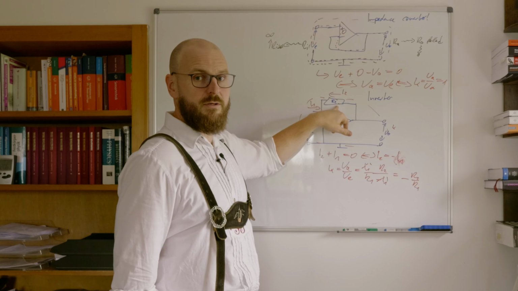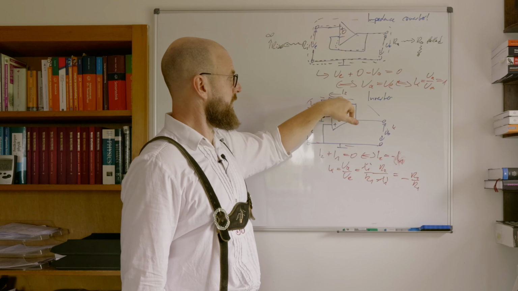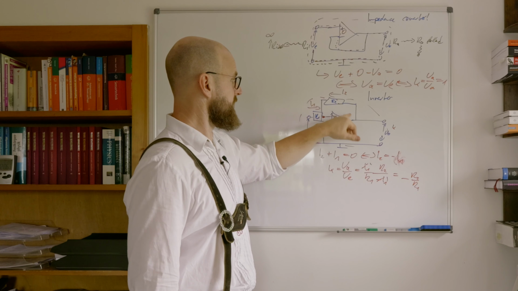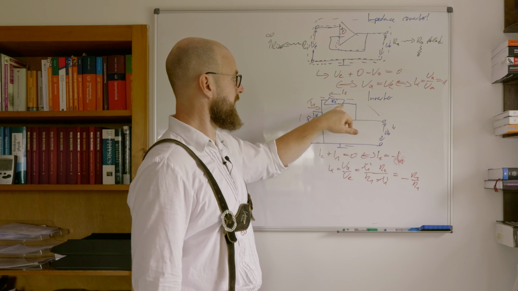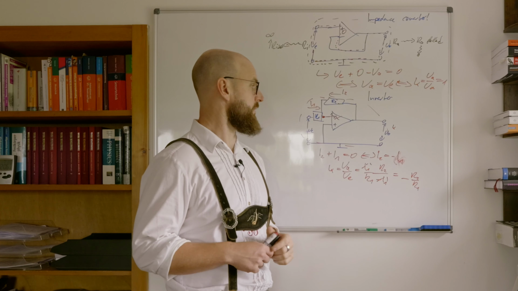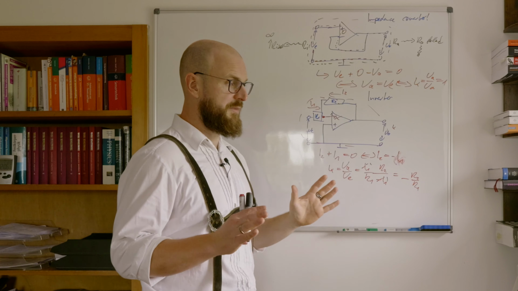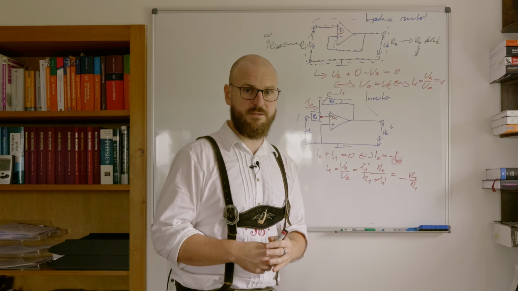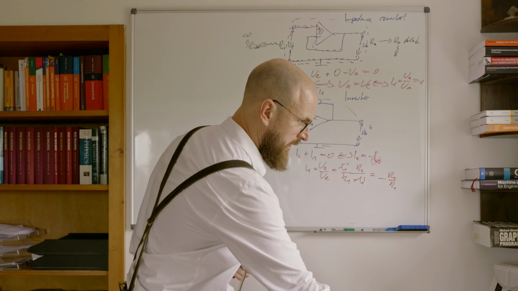You can choose it arbitrary, but the current flowing along it will be I1 over here. That's a current source which delivers a certain current no matter which resistance is applied to it. Okay, but that's something which just gives us a glimpse of how current sources can or could work.